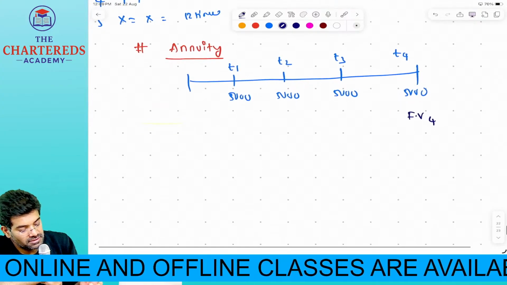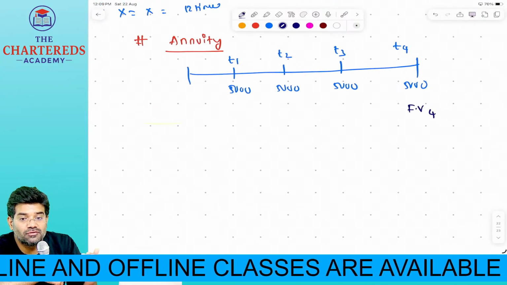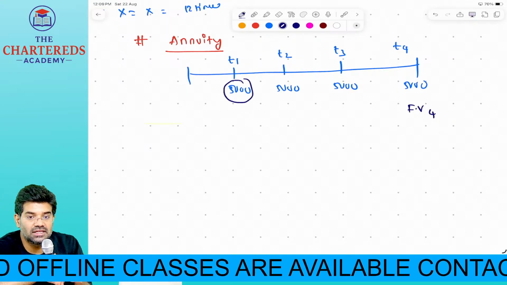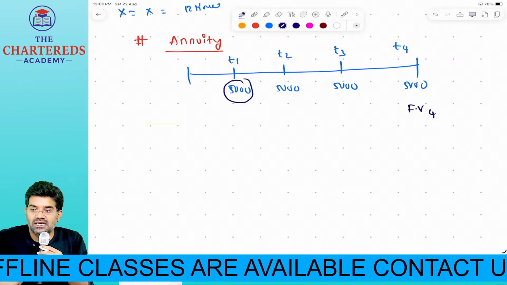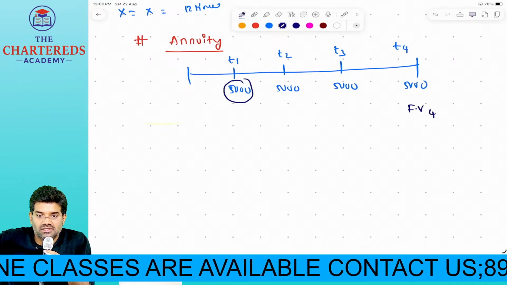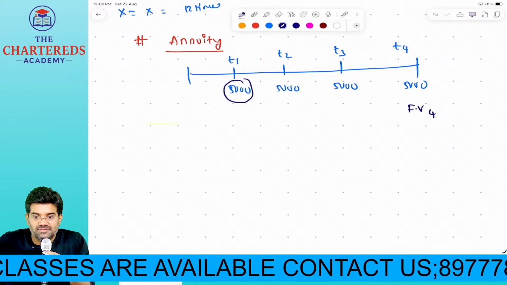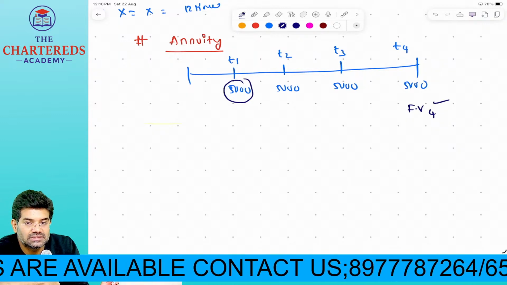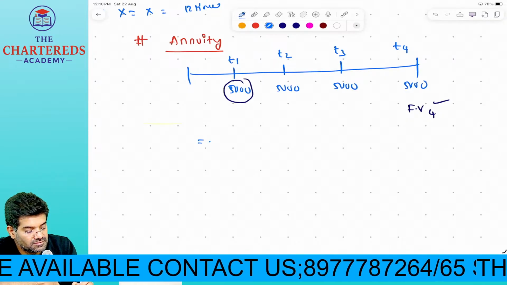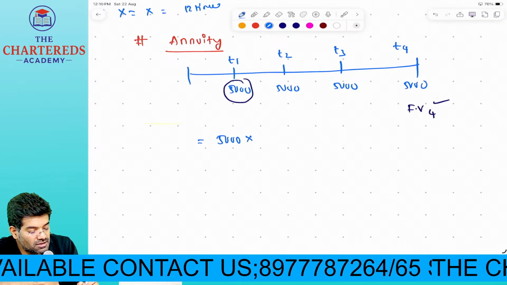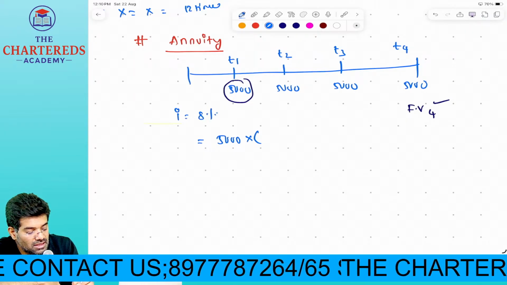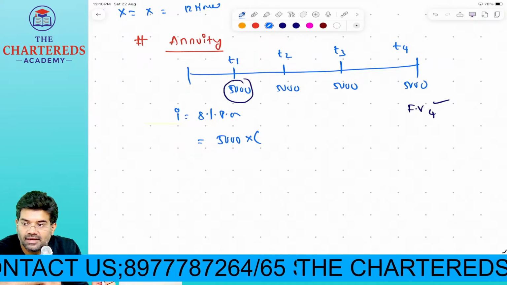So tell me, what is the formula for future value of a single cash flow? If you invest this 5,000 at the end of the first year, when is it occurring? End of the first year. For how many years will you invest? Because I want the future value at the end of the fourth year. Tell me. 5,000 into, let's assume i is equal to 8% per annum compounded annually.